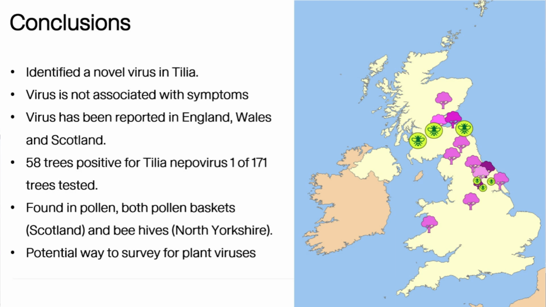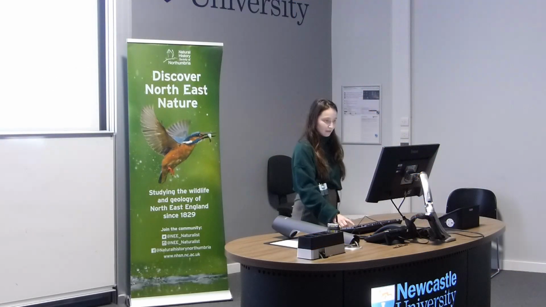And of the 171 samples that have been tested as part of this work, 58 were positive. And then we've also shown that this virus is present in the pollen, in both pollen baskets and beehives, so that was the pollen and hive debris of positive virus, giving us this alternative way to survey for plant viruses.